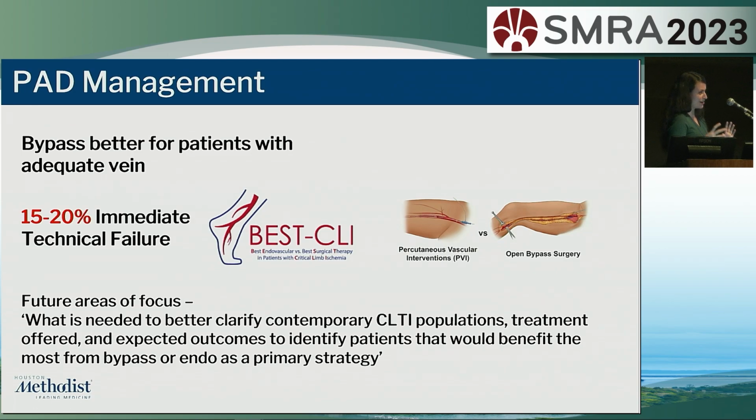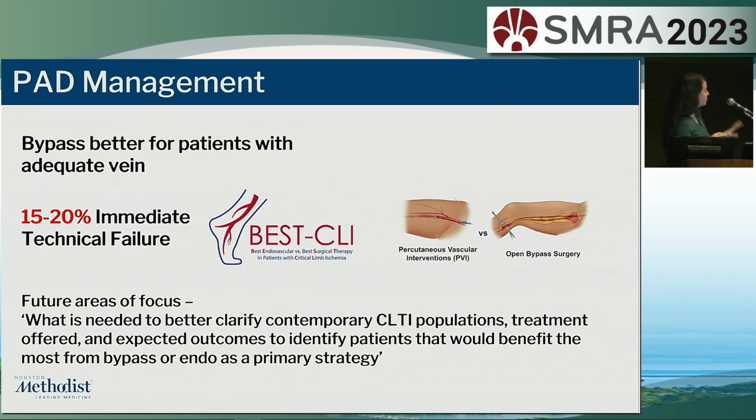Another thing this trial tries to enhance is the need to better clarify contemporary CLTI populations, treatment options, and expected outcomes, to identify patients who would benefit the most from bypass or endo as a primary strategy.